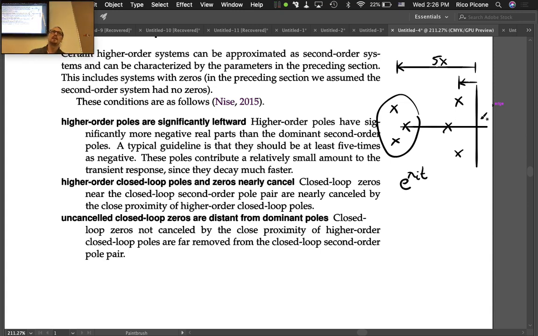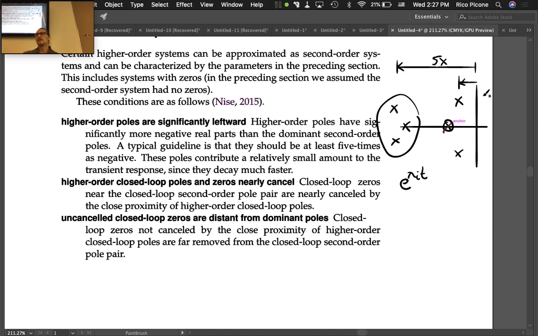It's a troublemaker in the sense that it messes with your second order approximation, because there's a pole that's close to the other poles. These two that you are thinking are going to dominate the response might not actually dominate it. So you can get rid of this one by putting a 0 close to it, or on top of it.